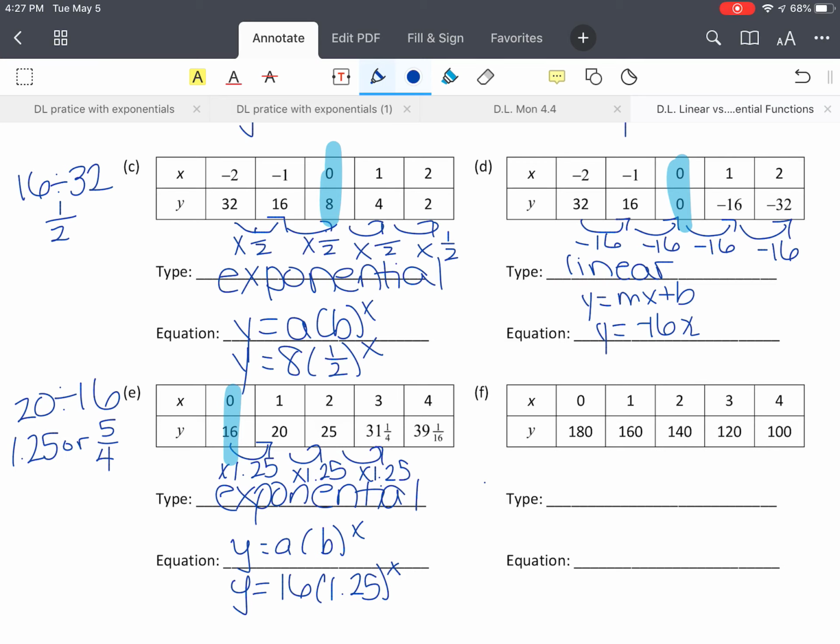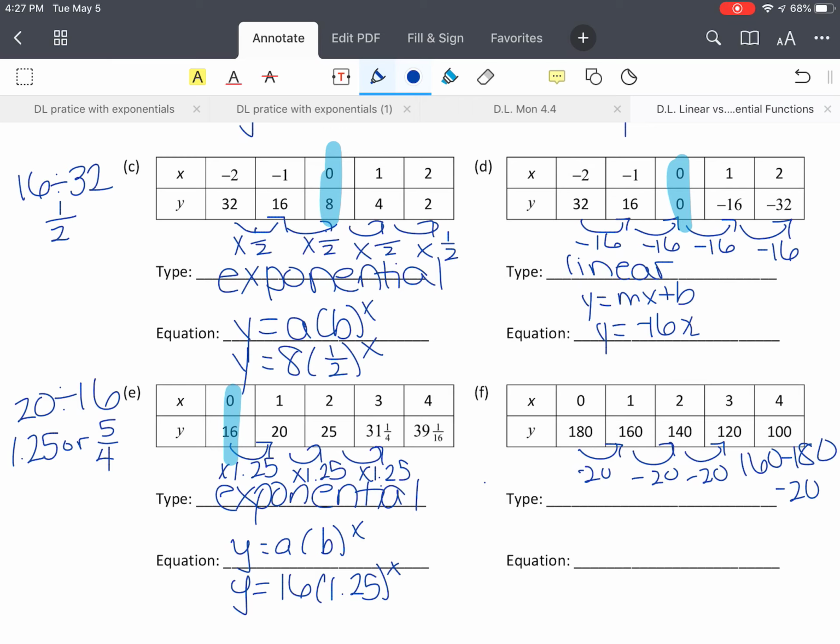And then in F, 180 plus what is 160? If you're not sure, you could do 160 minus 180. And we get negative 20 or minus 20. Okay, does that work? Is 160 minus 20 140? Yeah. Is 140 minus 20 120? Yeah.